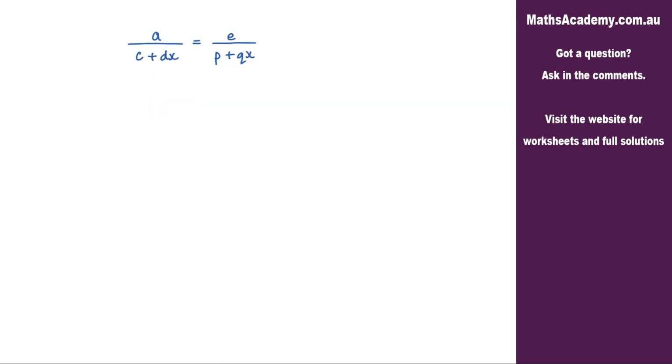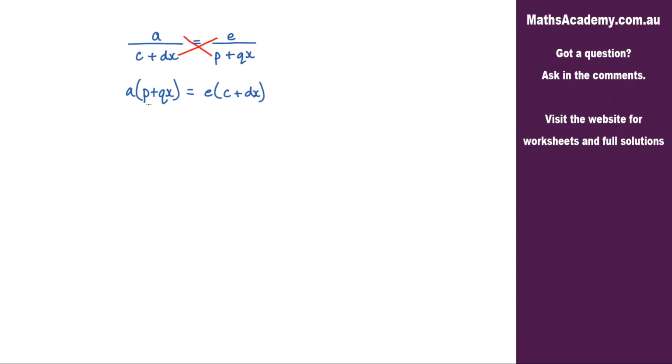Question 5, and what I'm going to do here is to cross multiply. So I'm going to multiply this by this and this by this to give a(p plus qx) is equal to e(c plus dx).